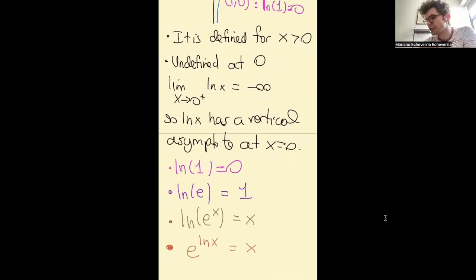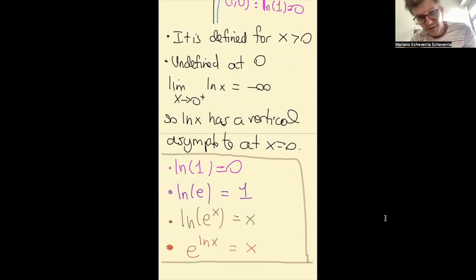These are important properties, so put them in a box. What this means is that whenever a natural log sees an exponential, or an exponential sees a natural log, they cancel one another, and you're just left with the variable x.